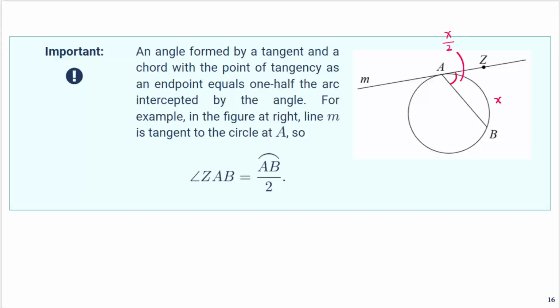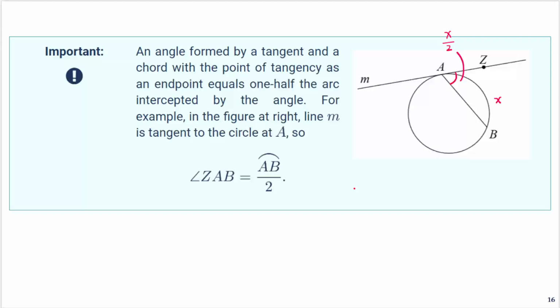And also, an angle between a tangent and a chord is often referred to as an inscribed angle. This is the same name we give to an angle between two chords that share an endpoint. Measures of both types of angles equal half the measures of the arcs they cut off.